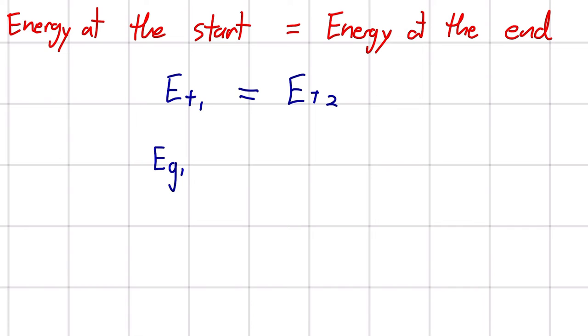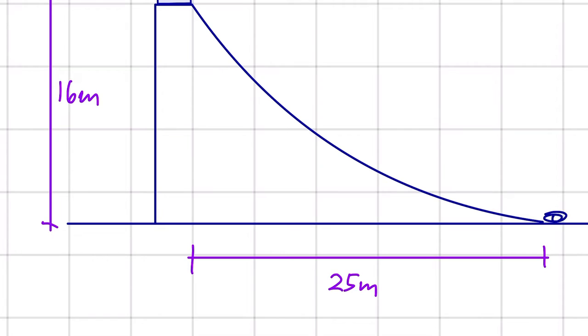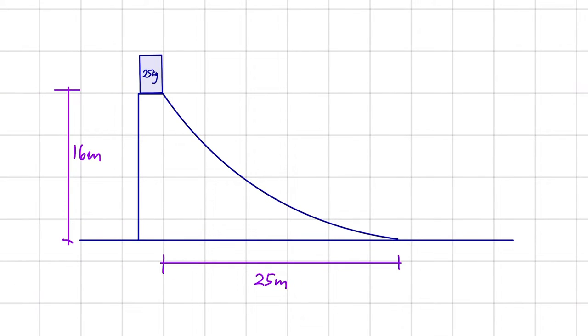So he's got potential energy, and at the end, once he reaches a height of 0, all of that energy has to go somewhere. And where does it go? Well, it gets converted into speed.